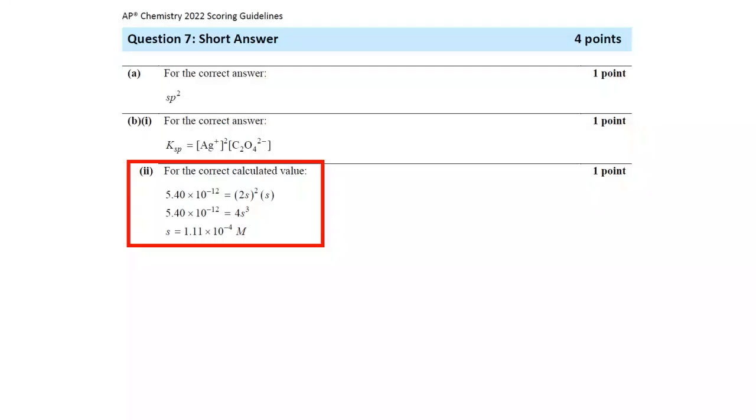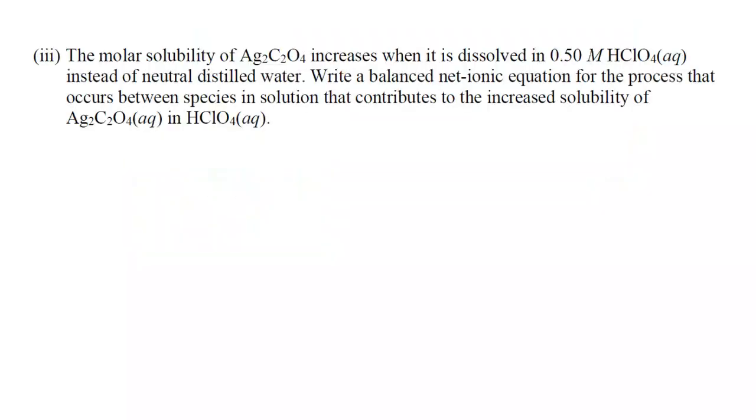Now, last part of this question, on to part B triple I. This is the one that deals with topic 8.11, pH and solubility. The molar solubility of silver oxalate increases when it is dissolved in 0.50 molar perchloric acid.